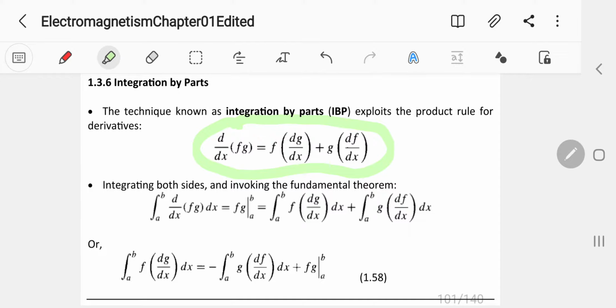When you integrate the right hand side of the equation, you also integrate the left hand side. If you do that, you will come up with this expression. Of course you're integrating within a specific limit, a to b.